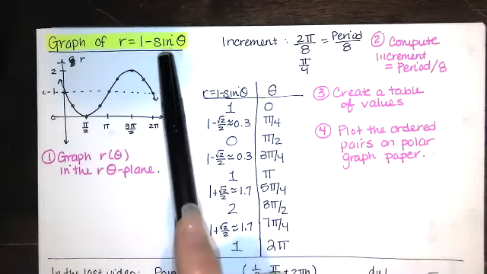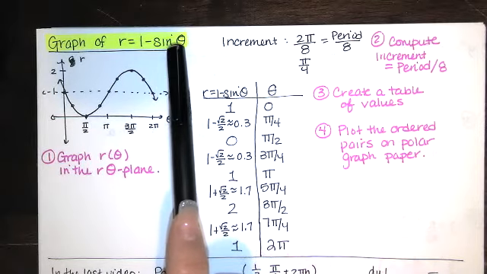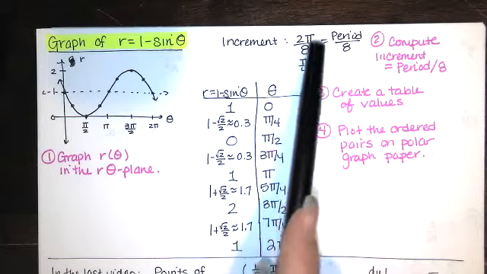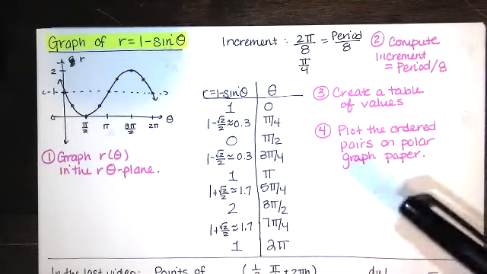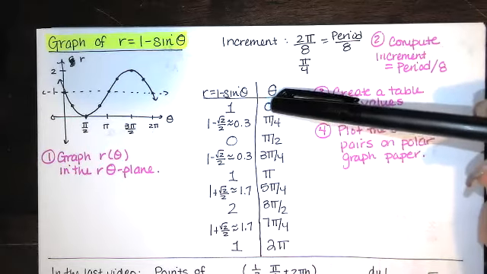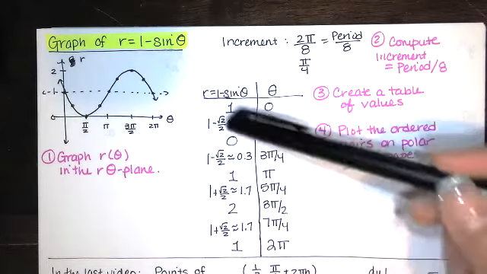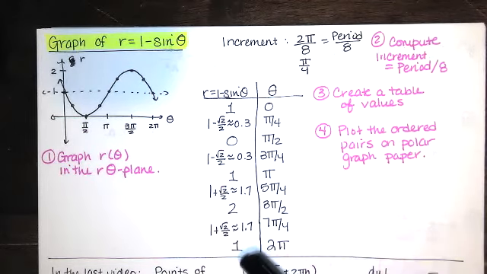The period of this function is just 2 pi because there's nothing multiplying that theta. So if I take 2 pi and divide it by 8, I get pi over 4. So I made a table of values, and at each value of theta, all those multiples of pi over 4 between 0 and 2 pi, I found the resulting values of r.